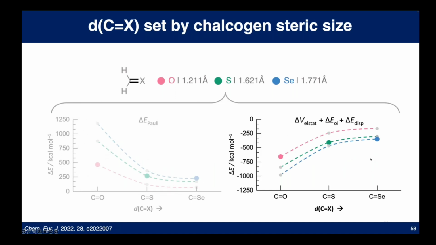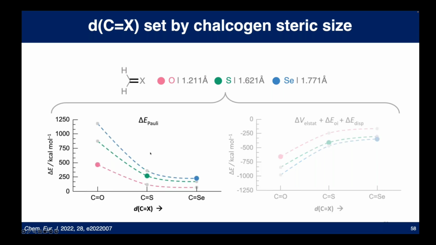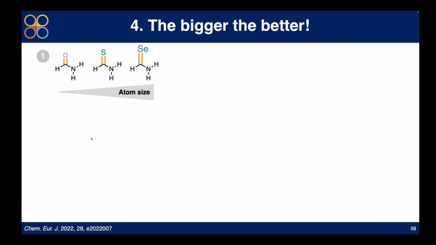All the terms, the electrostatic, orbital interaction and dispersion, want selenium to be closer to carbon, because this is the lowest value you can find. But it's really the Pauli repulsion which does not allow selenium and sulfur to come that close to the carbon atom.